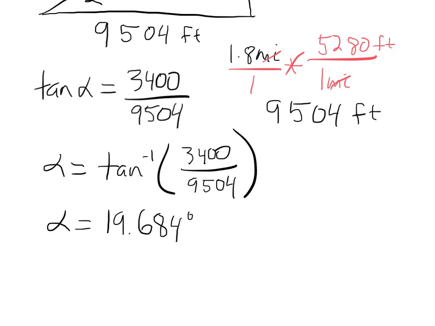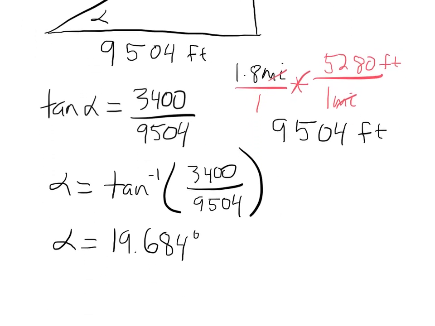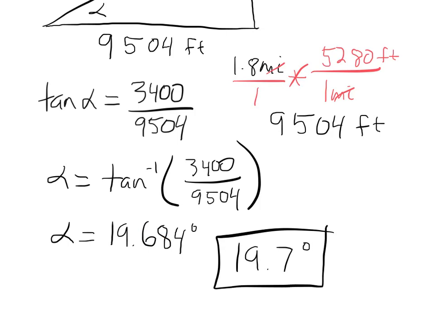And let's go back and take a look. They want to the nearest tenth of a degree. So we want to get to the nearest tenth. So this 8 is going to round this up, and we're going to get 19.7 degrees. And that's it. Great.